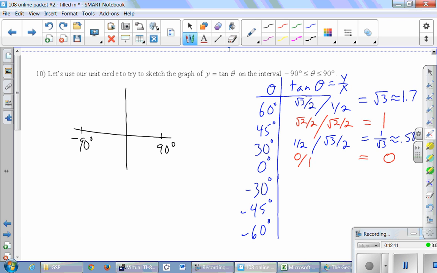And you swing down into the 4th quadrant, and you handle the negative 30, negative 45, and negative 60. So pause the video, see if you can write down the same kind of fraction over fraction, and then reduce and get some radical maybe, and then get a decimal. Come back once you've filled in the rest of this table.